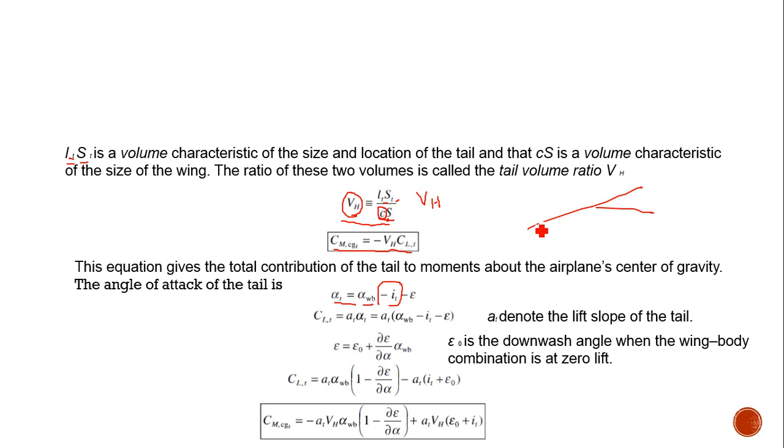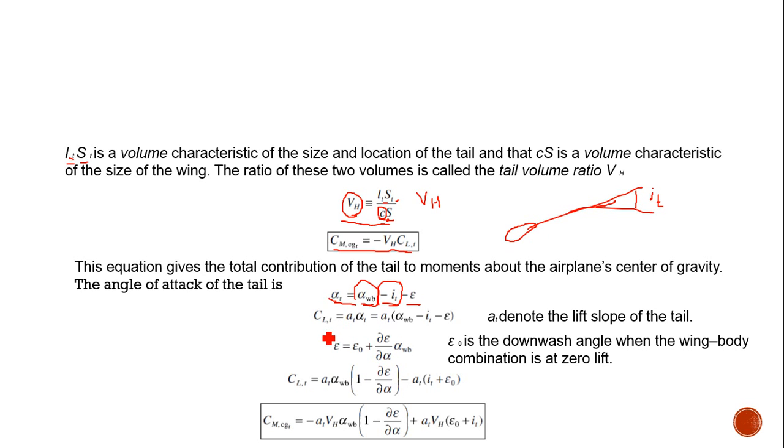So here this is the tail and this is the zero lift line, and it is set at an angle of IT. Therefore alpha T equals alpha WB minus IT, and by subtracting the downwash angle as well, we get alpha T.